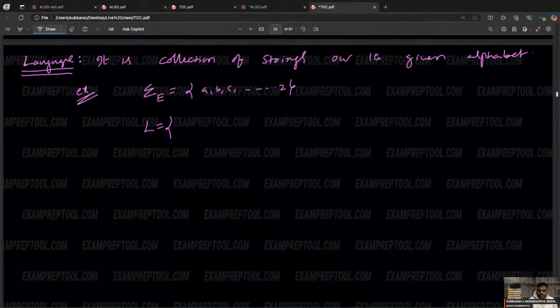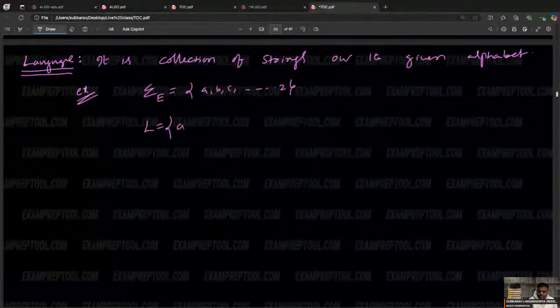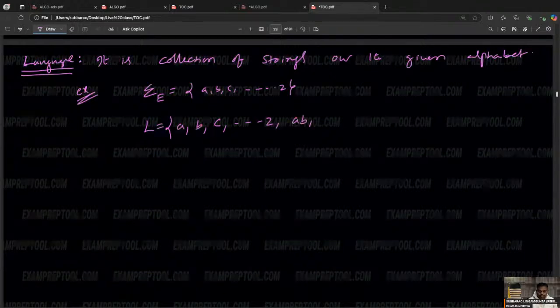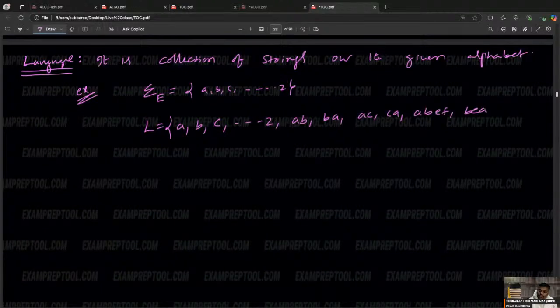So A is one string, B is one string, C is one string, and so on. Z is one string. Next, AB is one string, BA is one string, AC is one string. Order is also important. CA is one string, ABEF is one string, BEAF is one string, and so on.